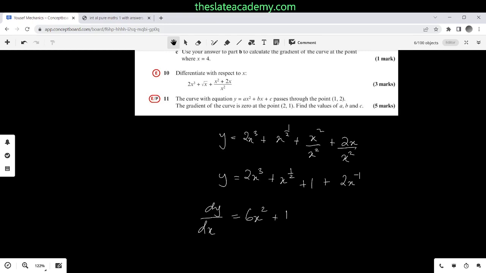If we differentiate, 2 times 3 is 6, x squared, plus 1 multiplied by 0.5 would be 1 over 2, x to the power of minus 1 over 2, plus minus 1 here to be minus 2, x to the power of minus 2. And then the 1 just cancels out because it's not in the respective axis.